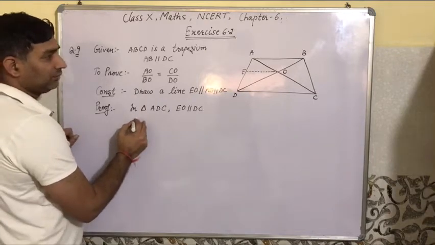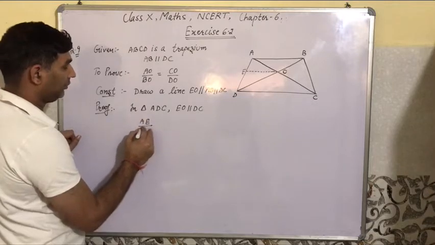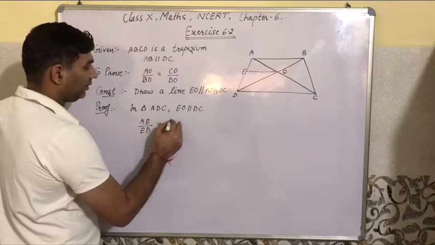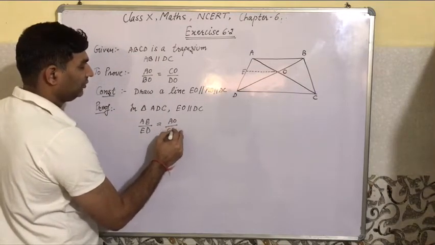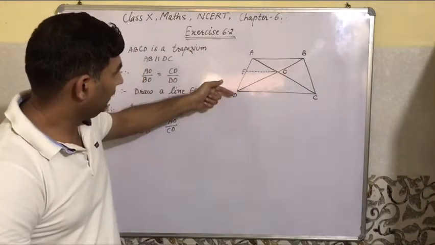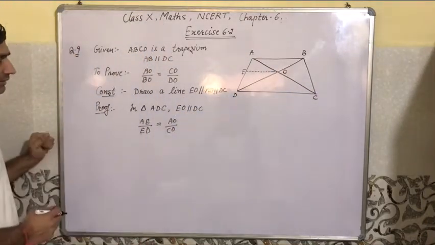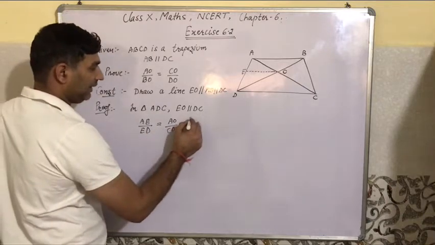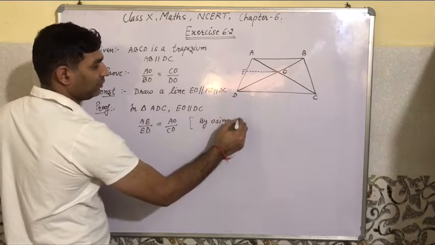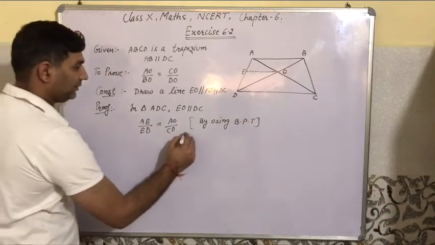By using the basic proportionality theorem, AE upon ED is equal to AO upon CO. This AE upon ED, AO upon OC or CO, you can write by using the basic proportionality theorem. This is equation 1.